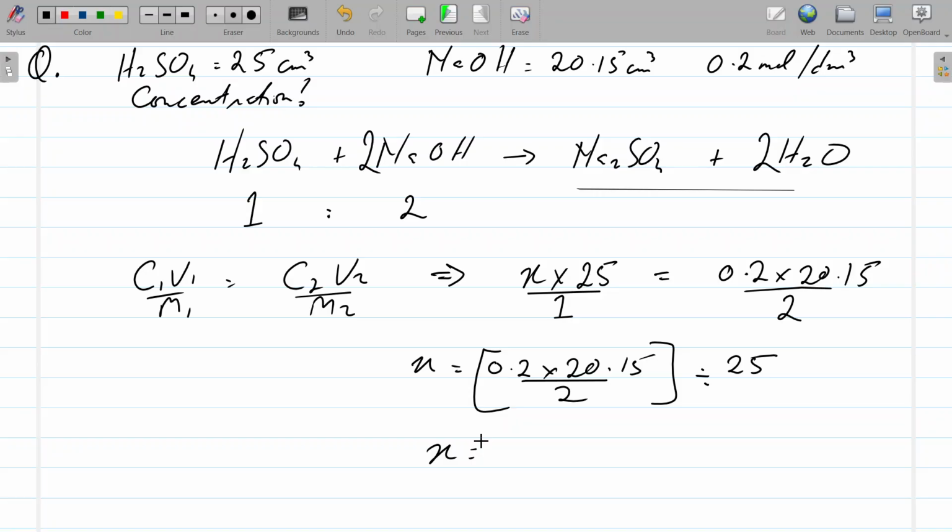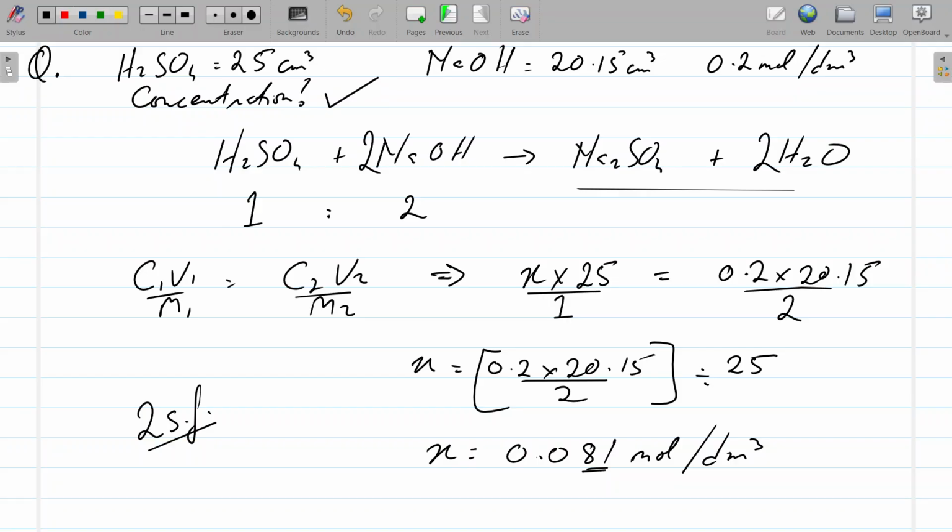So if we round that up, 0.0806, we can say 0.081 moles per decimeter cube, right? Because normally you want your answer to 2 significant figures, right? So this is the 2 significant figures, okay? And so that is the concentration of the sulfuric acid that you have used in the titration.